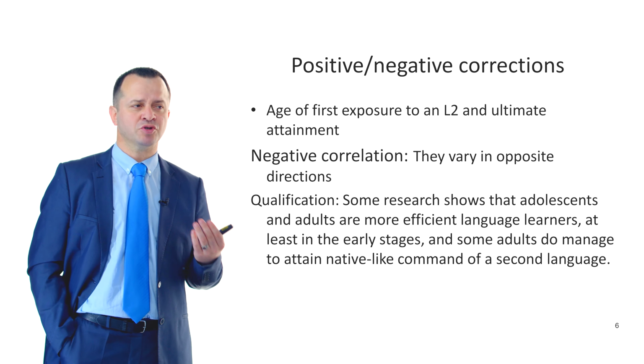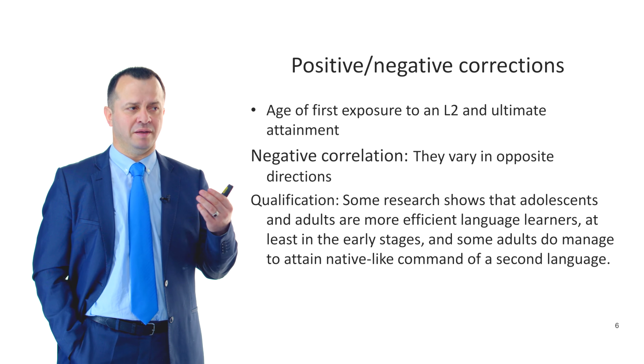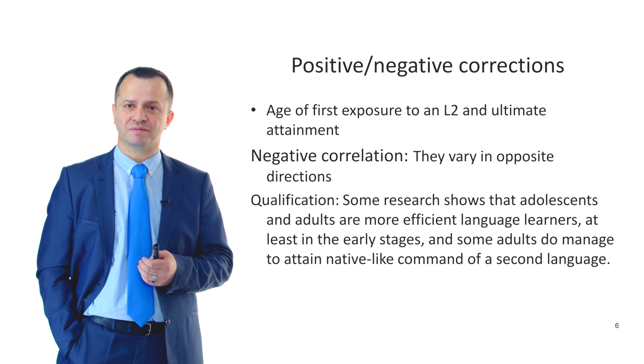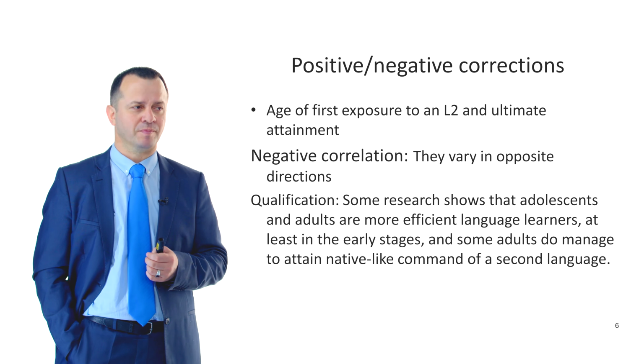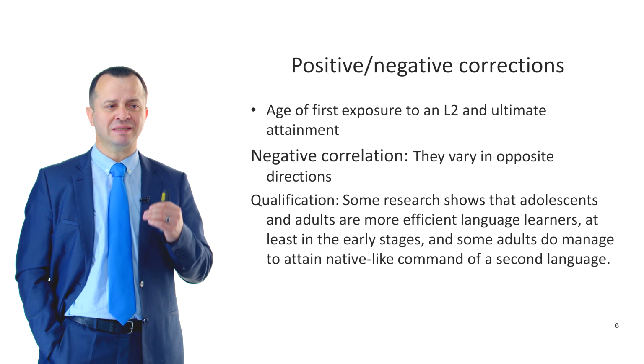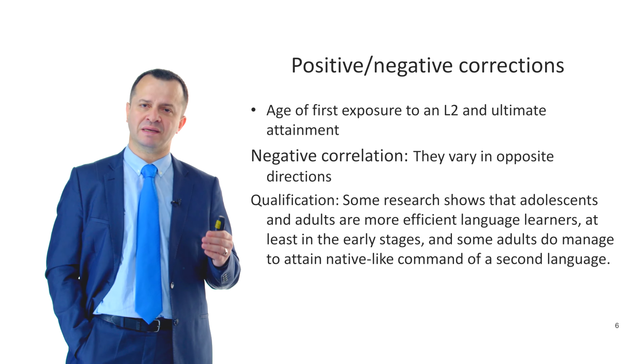Some research shows that adolescents and adults are more efficient language learners. Yes, that's true, at least in the early stages, and some adults do manage to attain a native-like command of a second language.